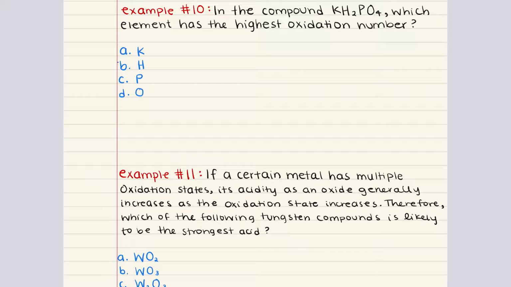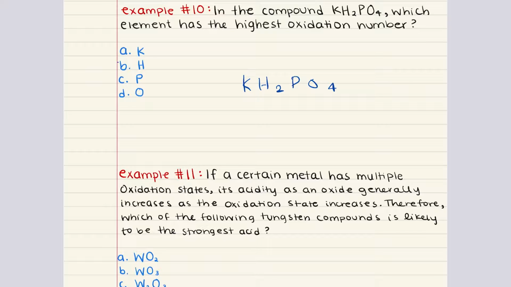Problem 10 asks, in the compound potassium dihydrogen phosphate, which element has the highest oxidation number? Now, something that's important to note is that this is a neutral compound, which means that the sum of all the oxidation numbers must sum up to 0. Keeping that in mind, let's get started.